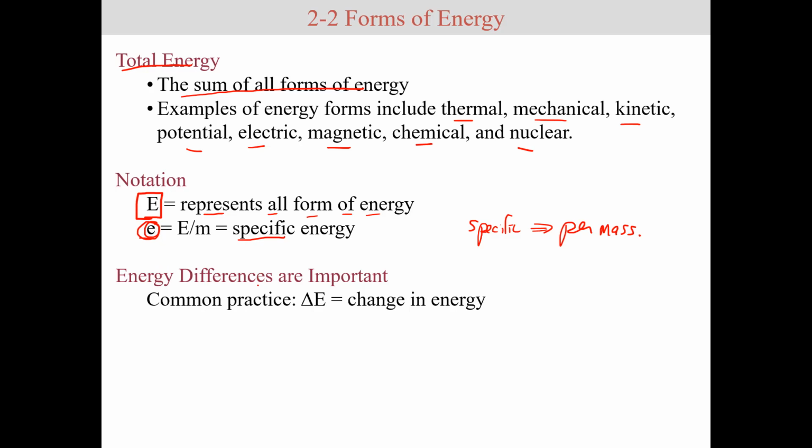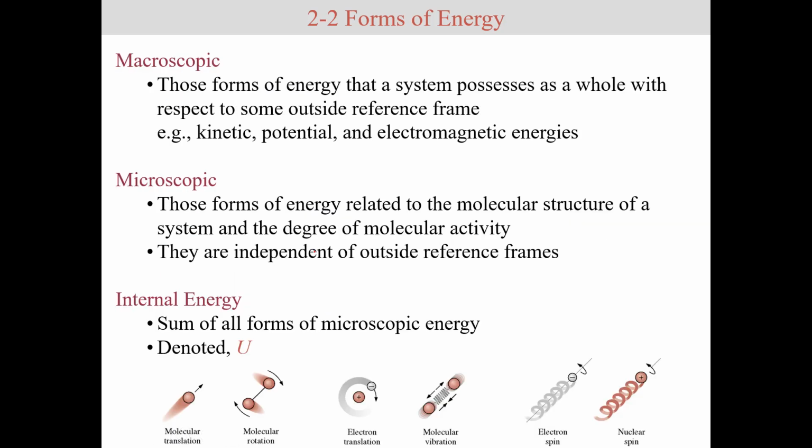But what we're really going to be looking for in thermodynamics is the change in energy of a system, right? The change in energy of the system is the result of a process that occurred. So a process occurred on the system, causing that system to have an energy change. That is represented by delta E. So again, different forms of energy.